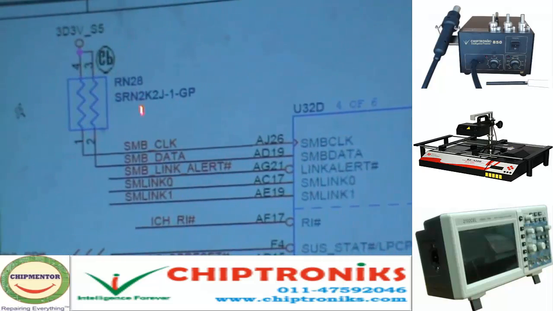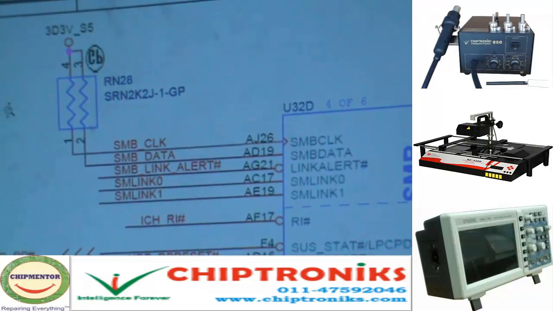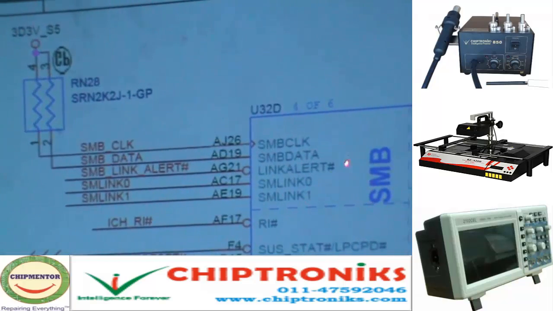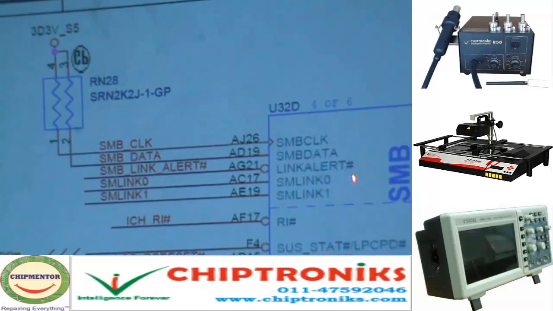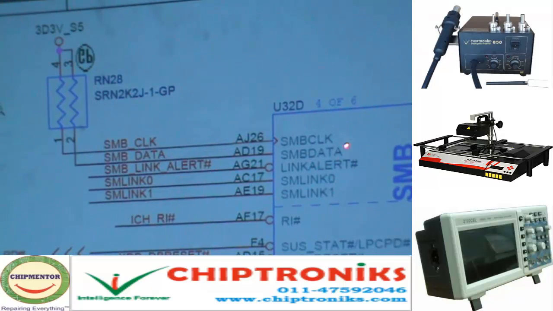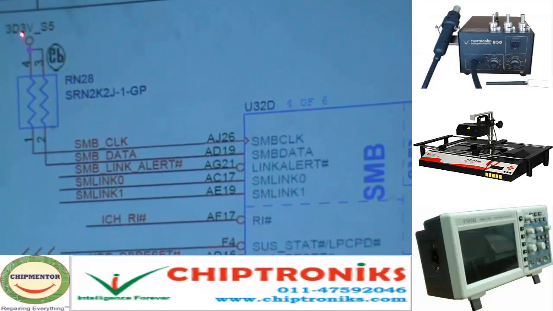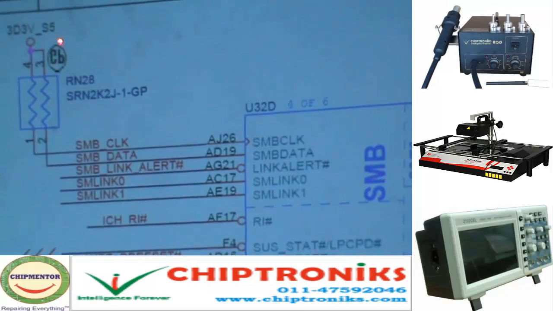If 3.3 volt is not present, then the SMB controller and ICH won't work, and if it doesn't work, then all the signal communication between the CPU and ICH will get stopped, because this is the system management bus controller present in the ICH. So the important signal is SMB data, and this is fed through 3.3 volt.